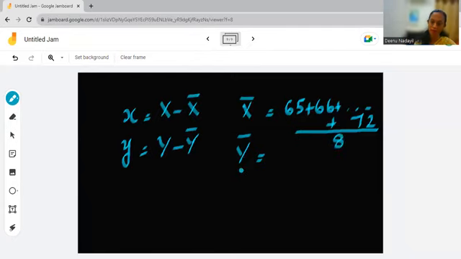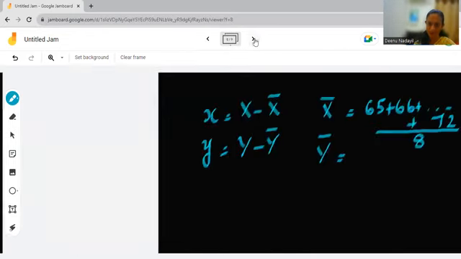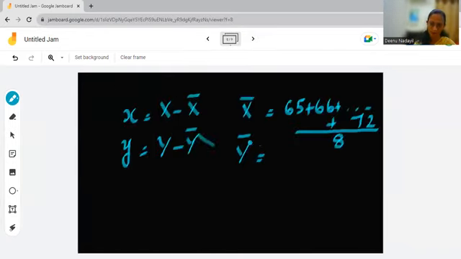And how to calculate y bar? Y bar is 66 plus 67 plus all those numbers, plus 68, divided by 8. So we have to find x bar and y bar. What is our y bar?